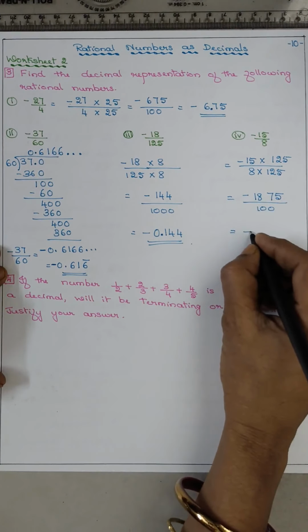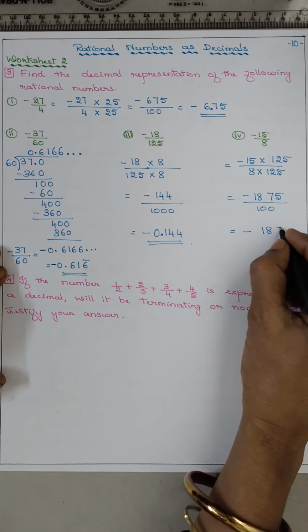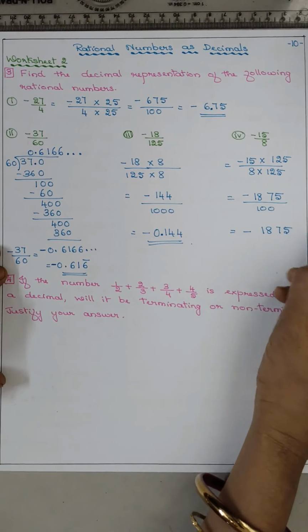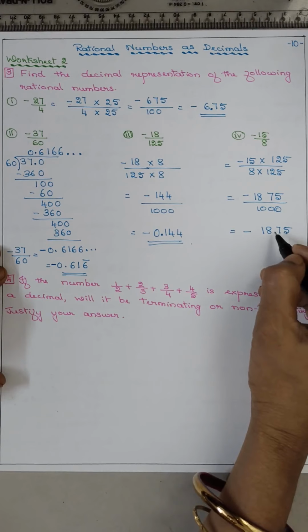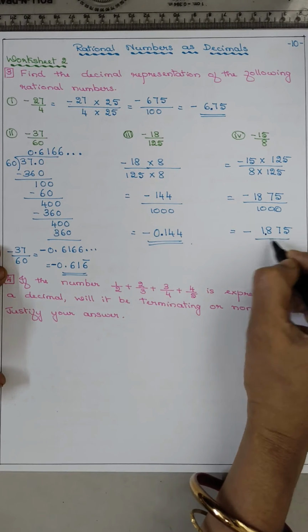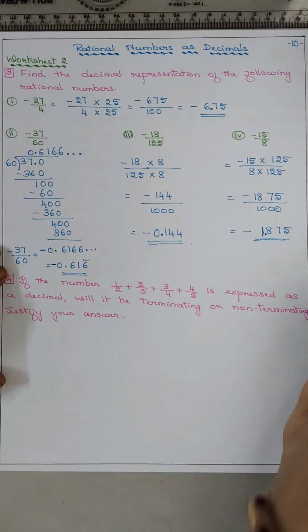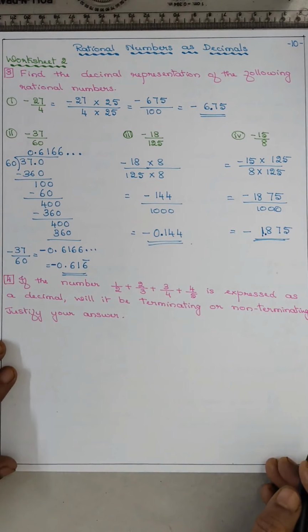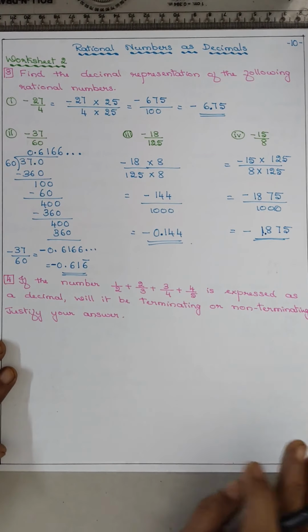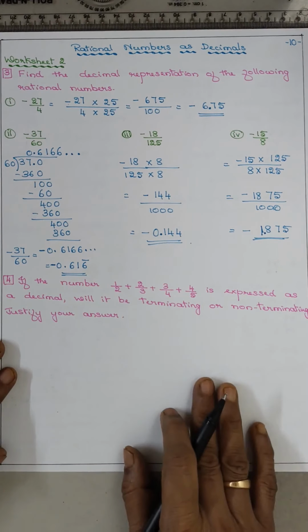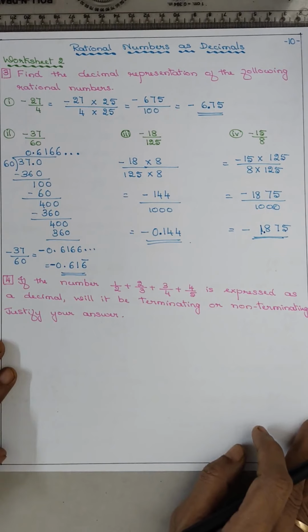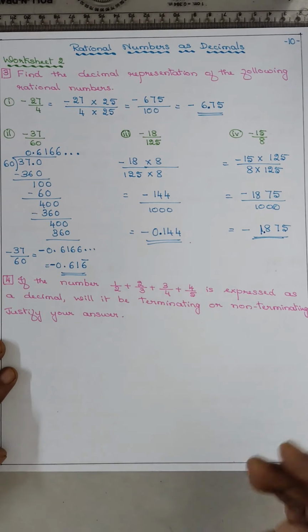So now minus 1875, 3 zeros, 1000, isn't it? So the answer is minus 1.875. Hope you understood this question, either by long division or this method. Even long division you can use, no problem, but this method you are confident it is easier.